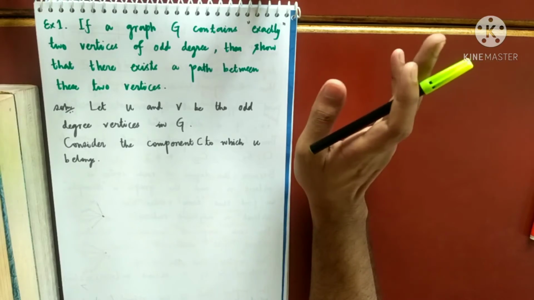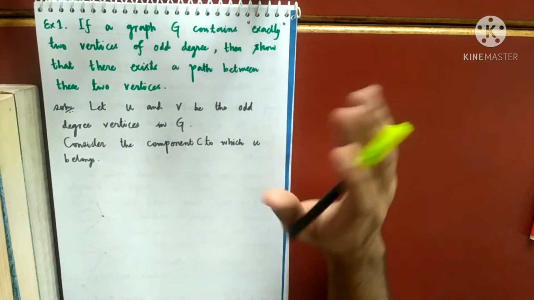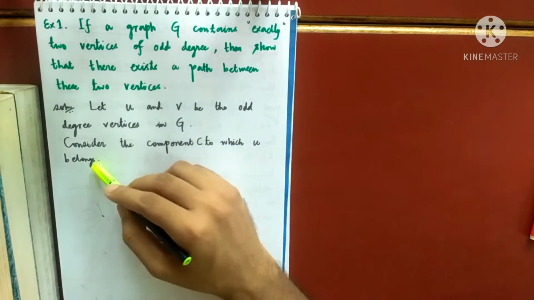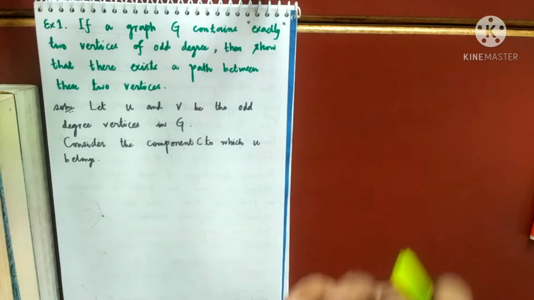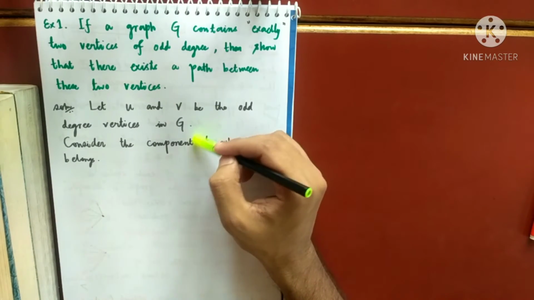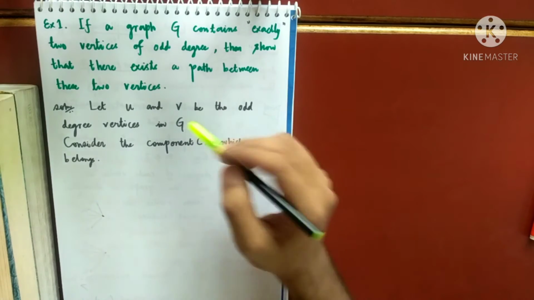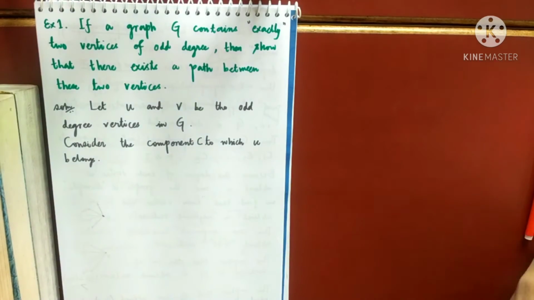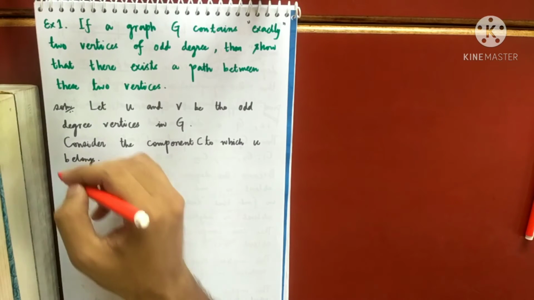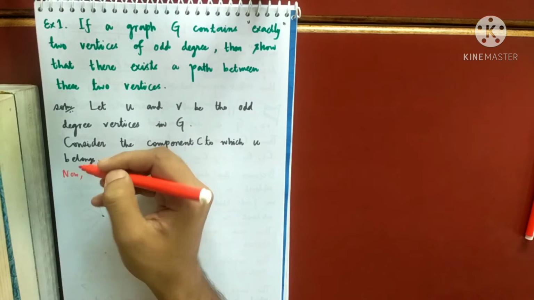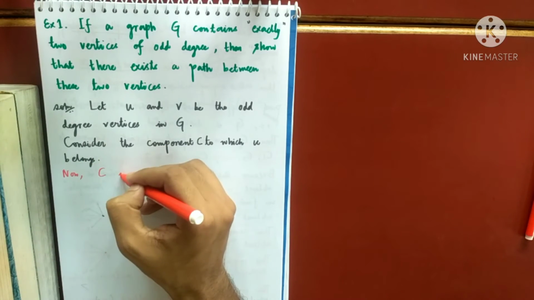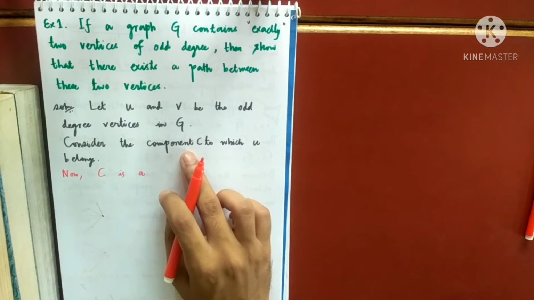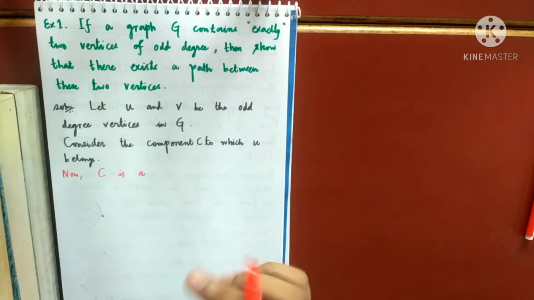So what is my next target? I'm assuming a component C to which U belongs. U will belong to one of the components, and I'm calling that component C. My claim is V will also belong to C. Let's see why V will also belong to C. Now, by definition of a component, C is connected.